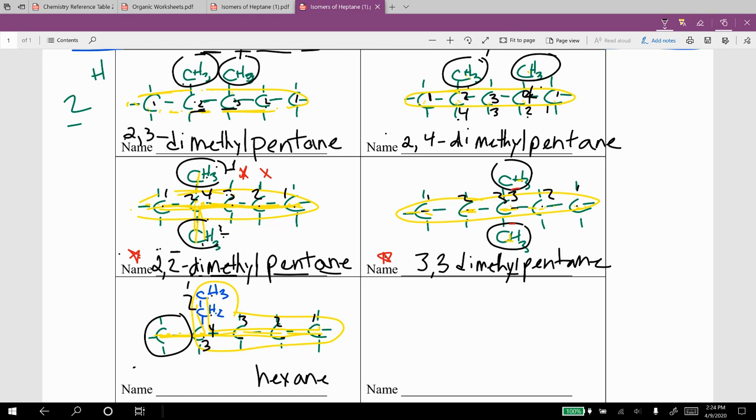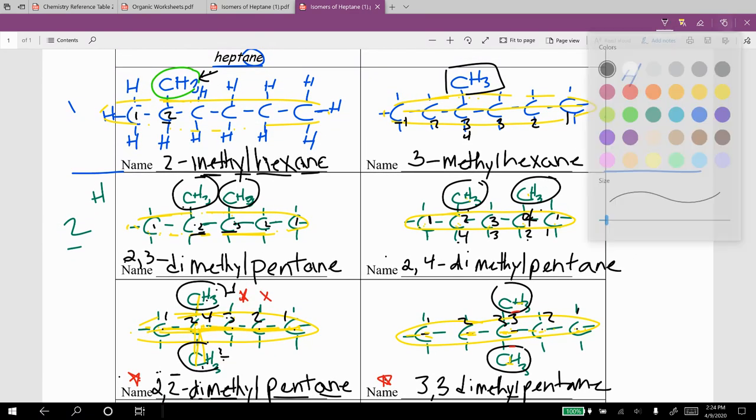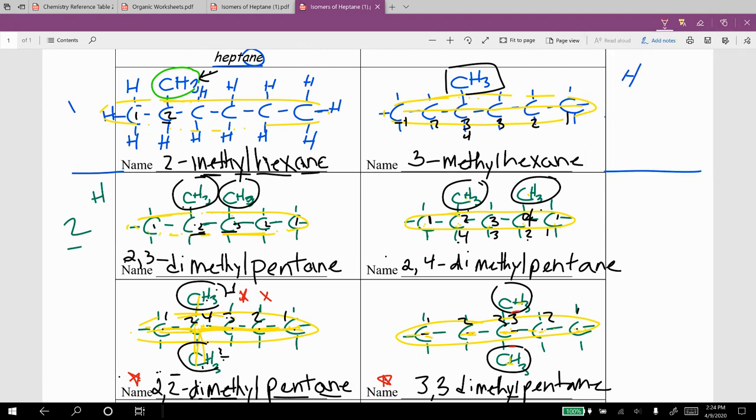So it comes off of carbon number 3. So this is 3-methylhexane. Interesting. Well, if I go back up to the top, I'm going to use red now. This over here was 3-methylhexane. So I just drew the same thing.